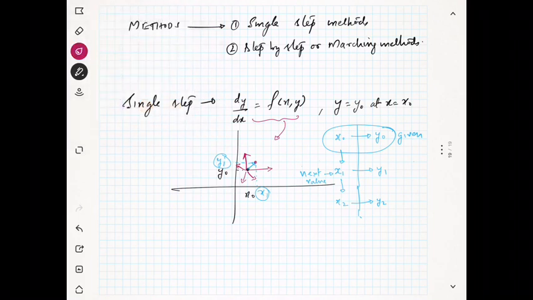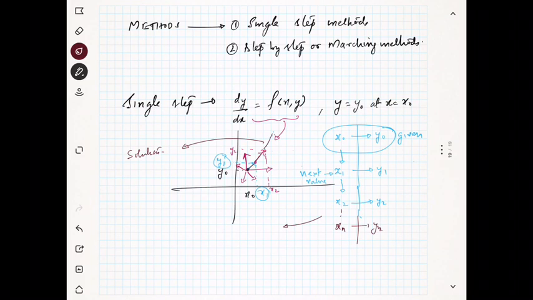After reaching this point, according to the differential equation, you will find the value of y2. Whenever you do this, what you are getting is a solution. So for any xn you will find yn. These are all the tabulated values, and we call this the single step method.